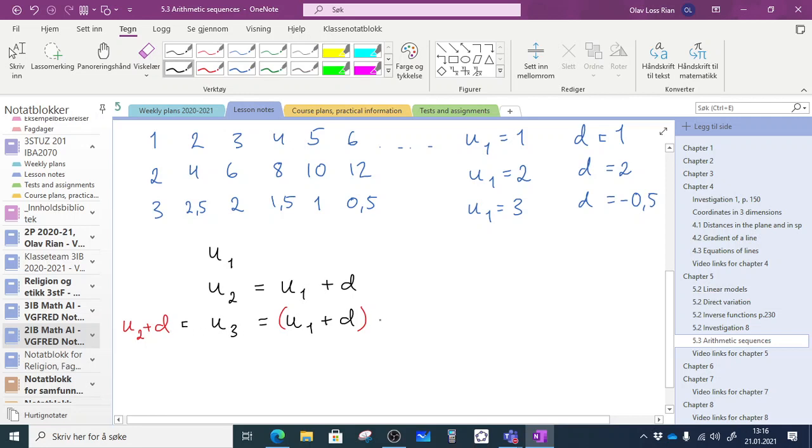So the third term would have to be U2 plus the common difference. And we can continue with U4 is equal to U1 plus the common difference plus the common difference plus the common difference again. And so a pattern emerges here.